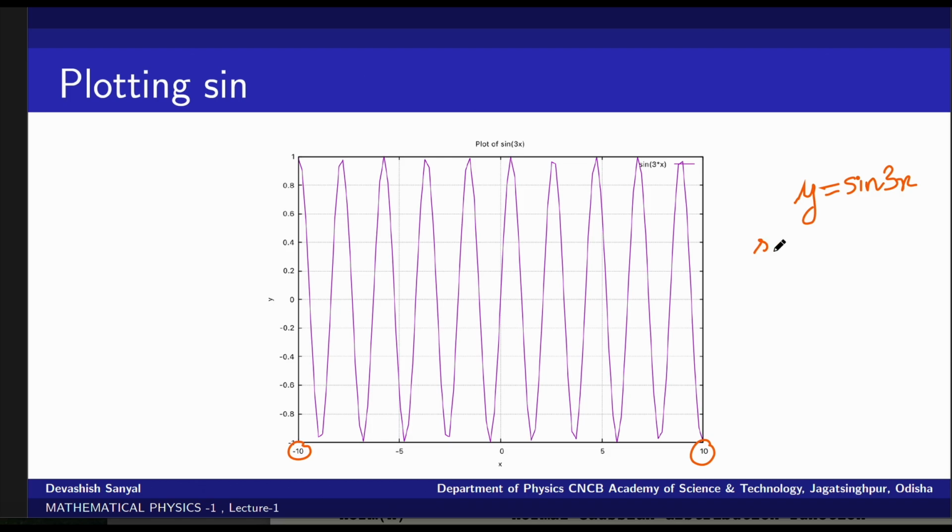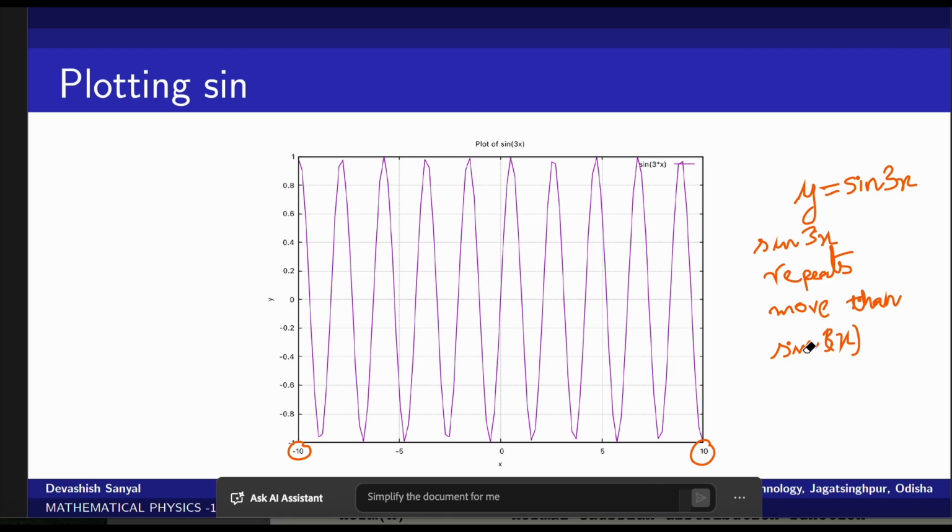So sin 3x repeats more than sin x. That's clear from the graph. Let me erase it.